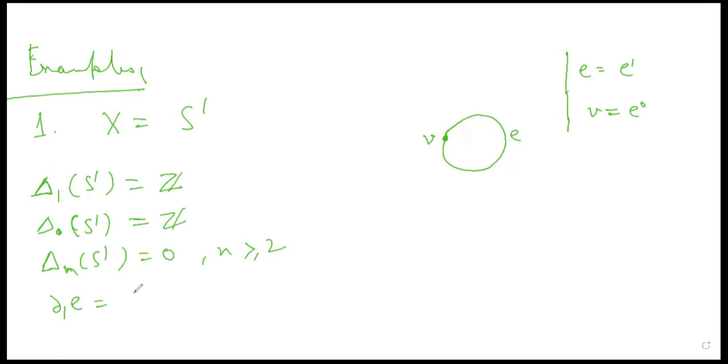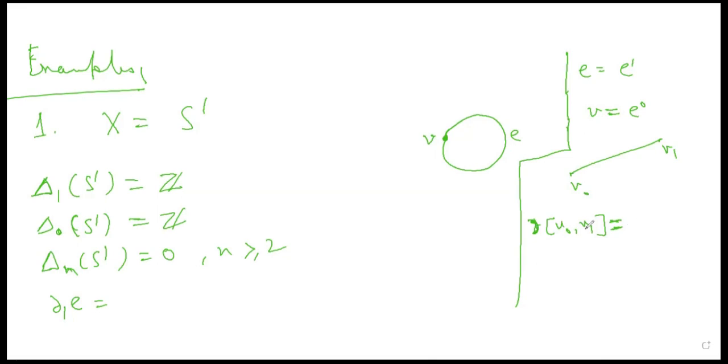So we use the definition. If we have a simplex with vertices V0, V1, then the boundary map comes out to be as follows.